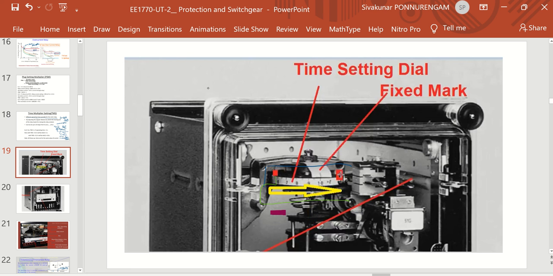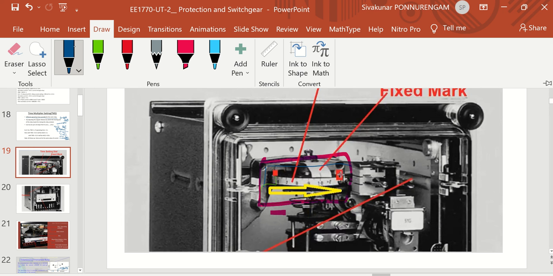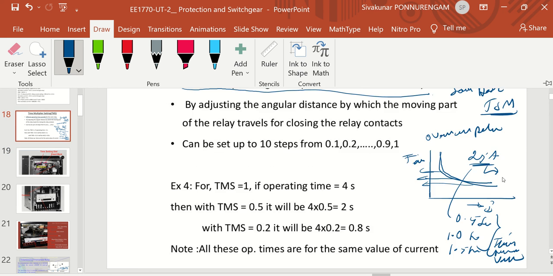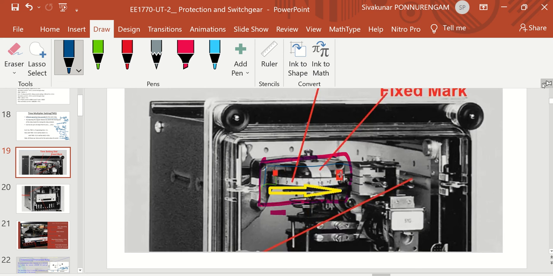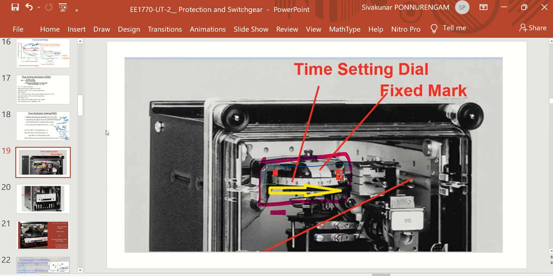This is the time setting multiplier, with a fixed mark here.